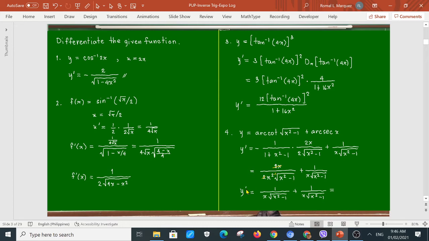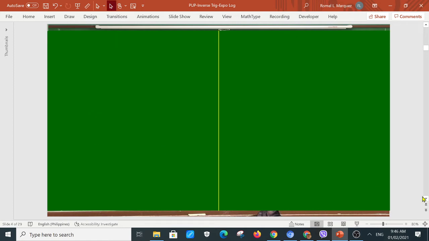So finally, they are similar terms, so I can combine them into just one term, giving 2 over x square root of x squared minus 1. Okay, guys? So that's the derivative.